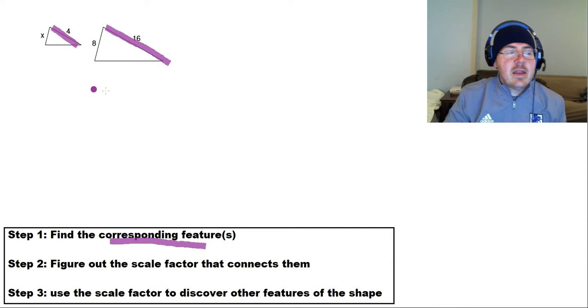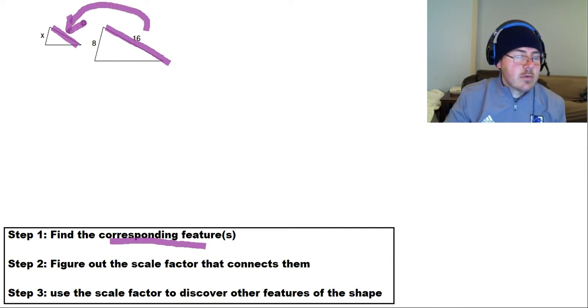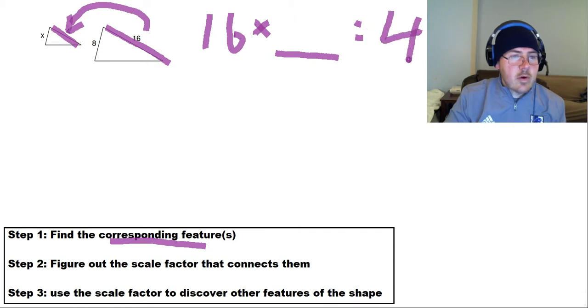Okay? Now, for me to go from 16 to 4, 16 times blank equals 4. That's what I gotta start with. And the reason I have to go that direction is because I gotta go from 8 to x.